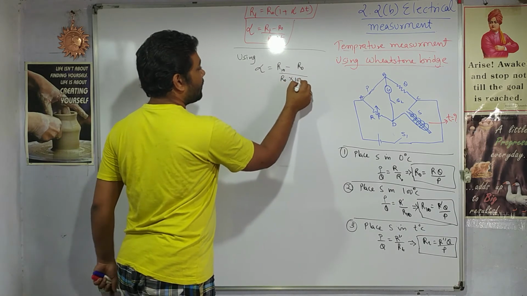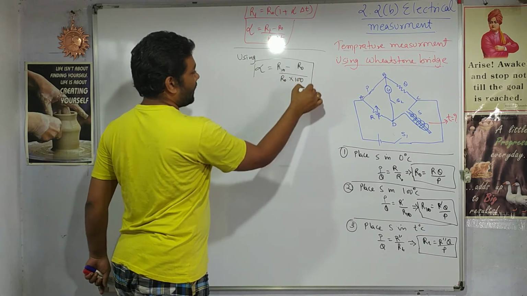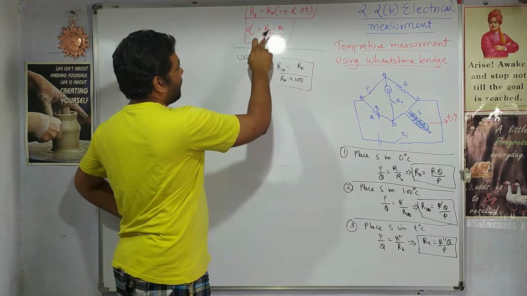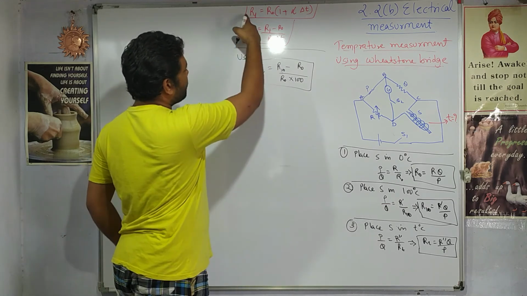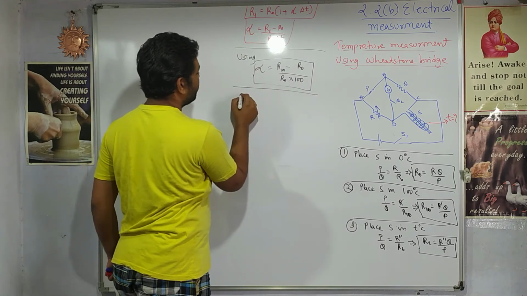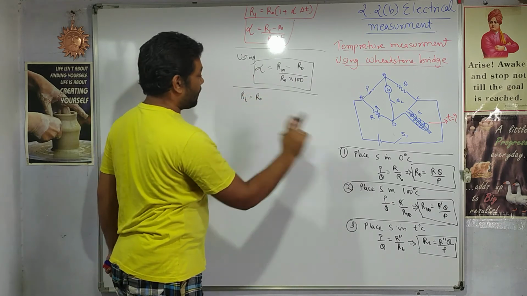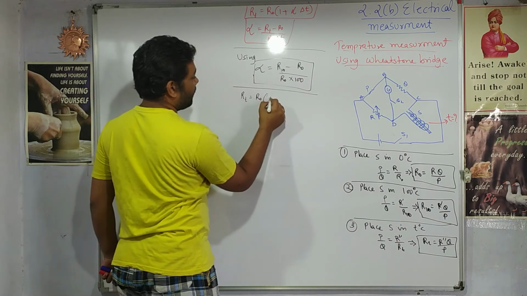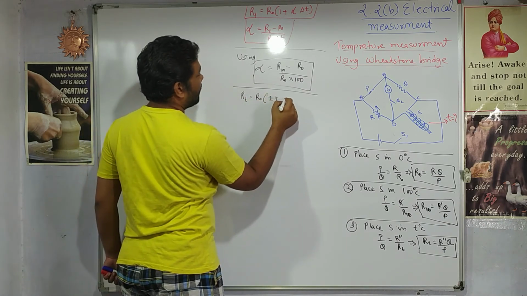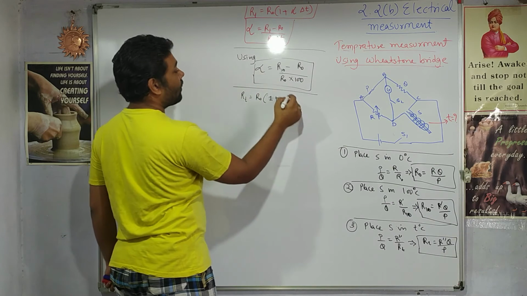So the change in temperature will be 100. So I have got the value of alpha. Now I will use this formula: RT is equal to R0, I know the value of R0, I know the value of RT, 1 plus alpha, I know the value of alpha, delta T.